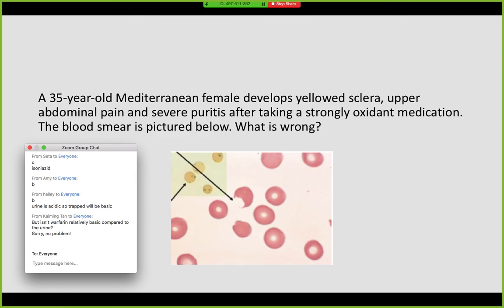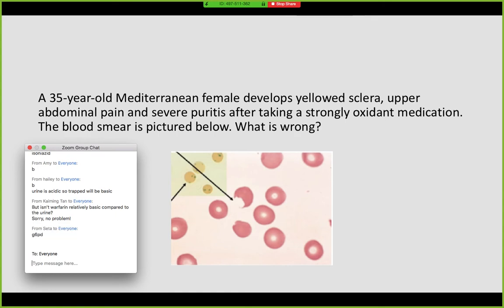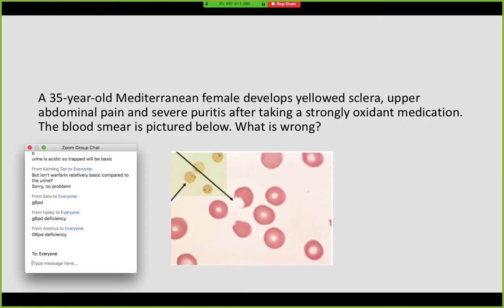So if you see these bite cells, what are you going to associate this image with? Right, G6PD, and I think she had almost this exact image of it on the exam.